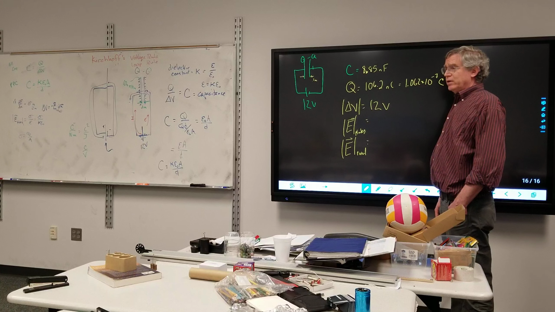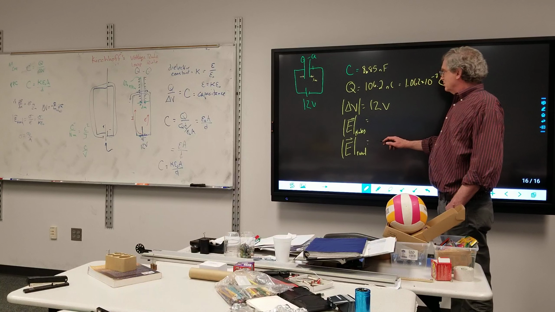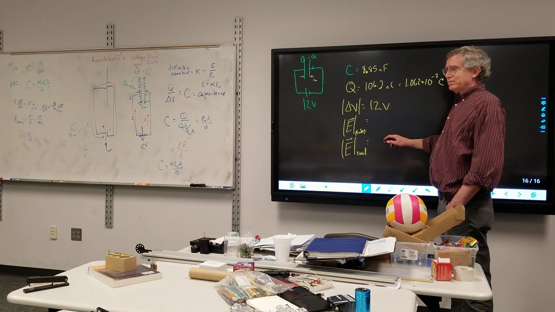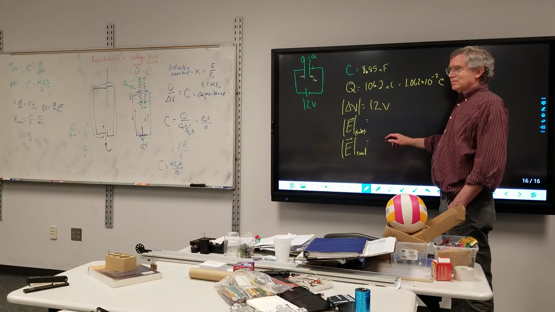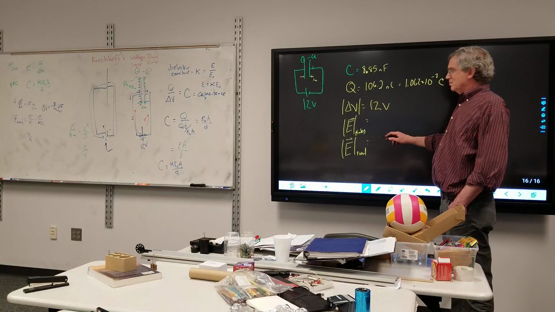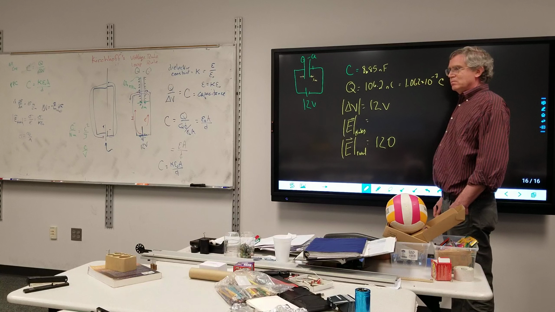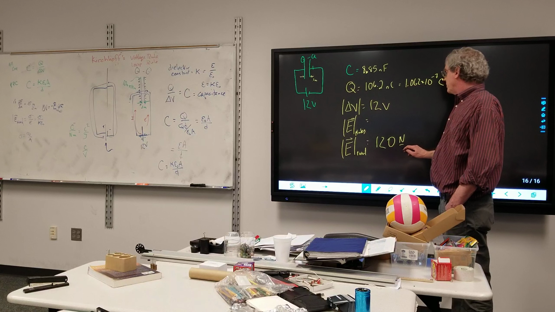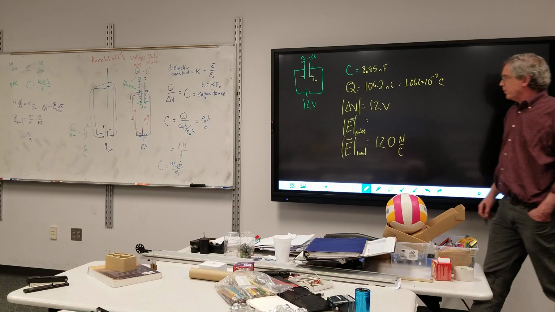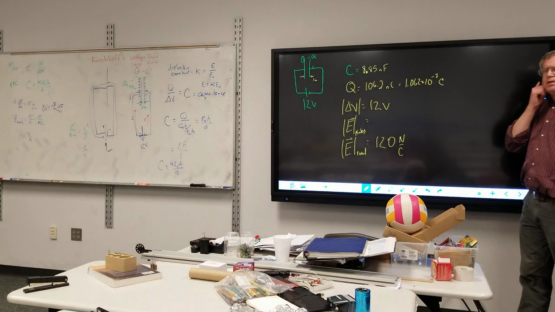So what's the total electric field? The voltage over the distance. Therefore 120, newtons per coulomb, or volts per meter. All right, so we got 120, and what about from the plates themselves?